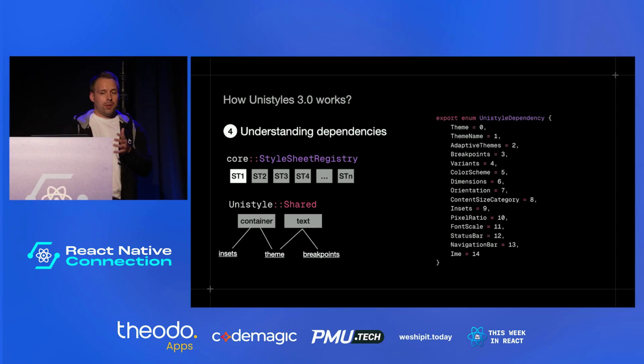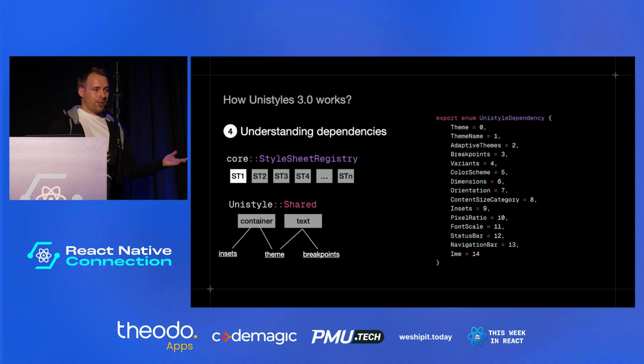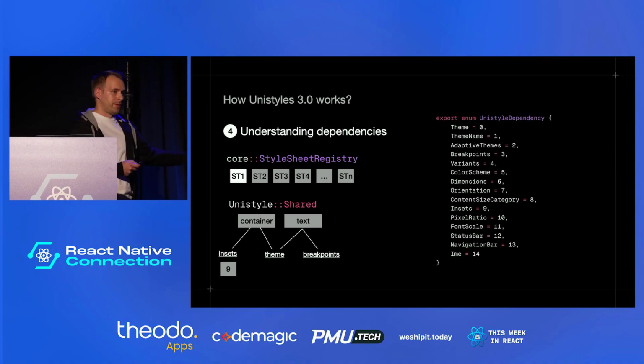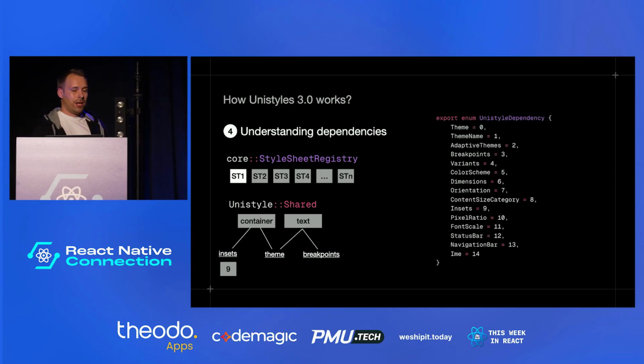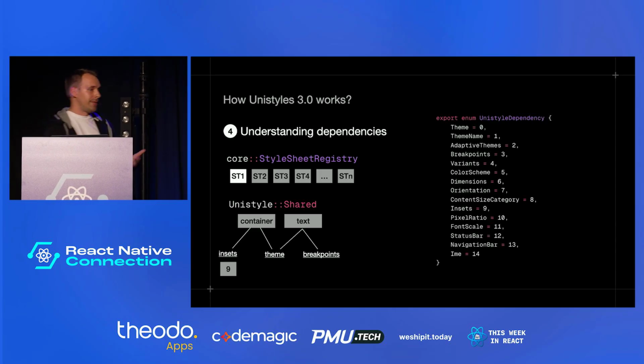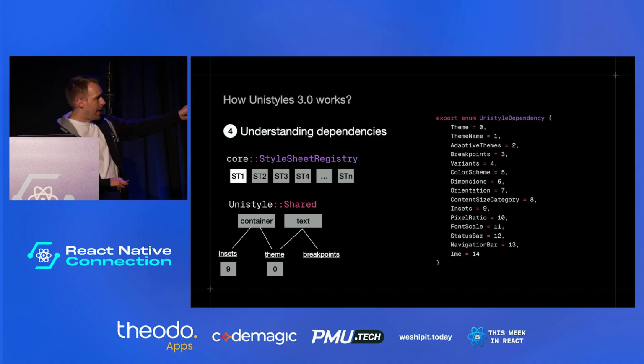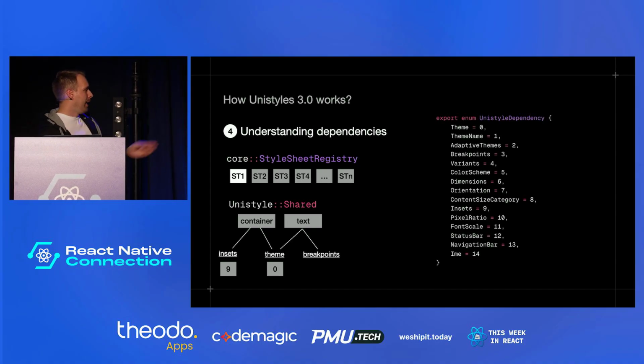So whenever you access these values in your style sheets, I will save it, and this metadata will be attached as numbers to the style sheet C++ representation and Unistyles representation. So we have 9 because insets are 9, 0, and 3.